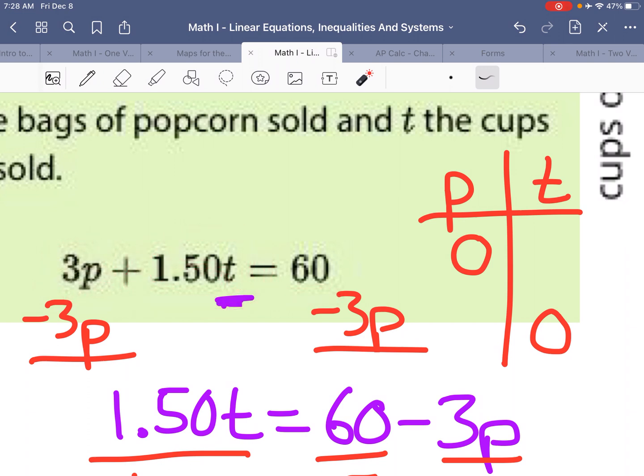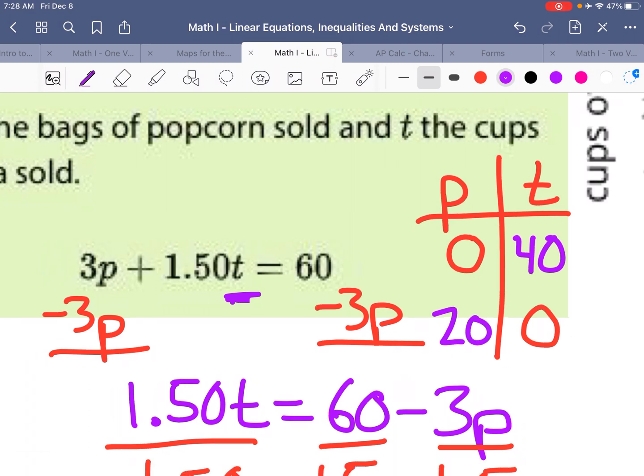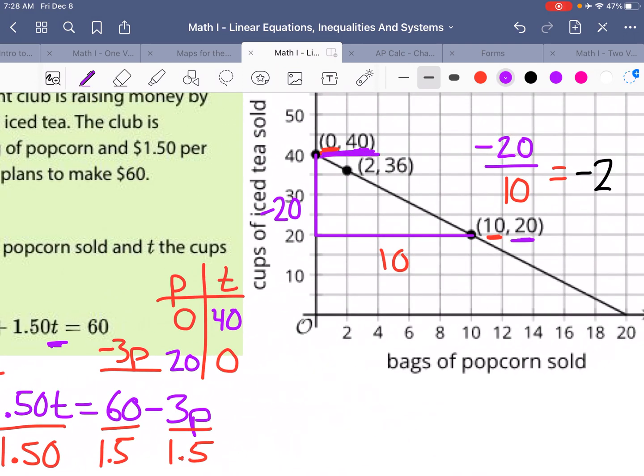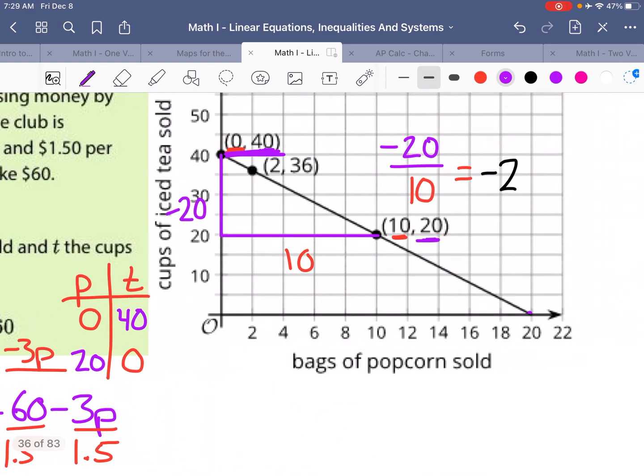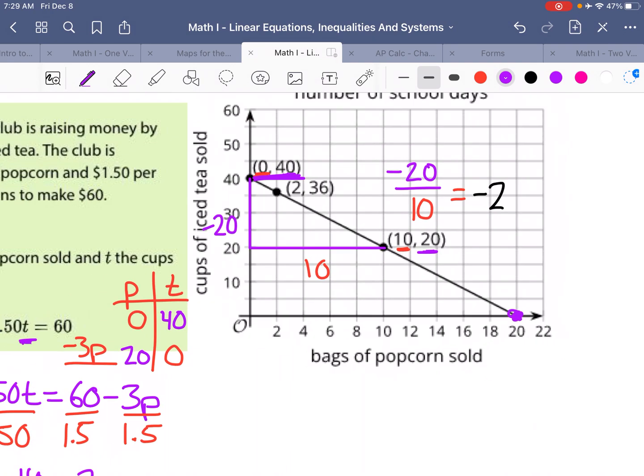Well, that would be 40. And then, what if I didn't sell any tea at all? How many popcorns would I have to sell to get $60? Well, if each popcorn is $3, 60 divided by 3 is 20. So I should see the points (0, 40) and (20, 0) on my graph, which I in fact do. So that's two different ways that you can do that.